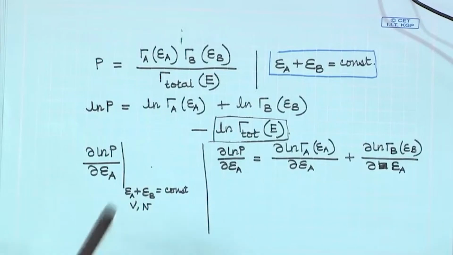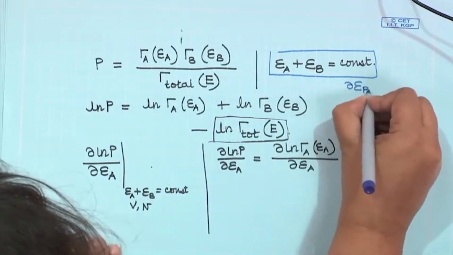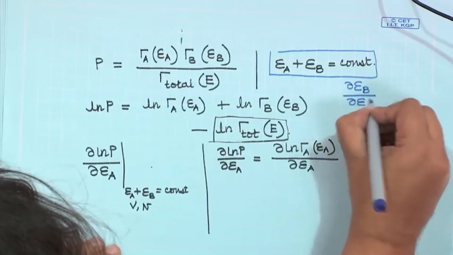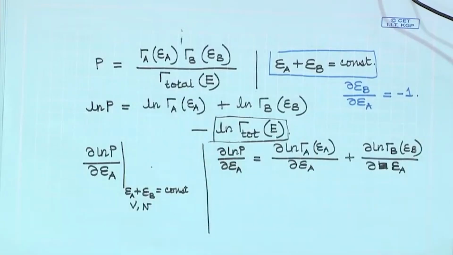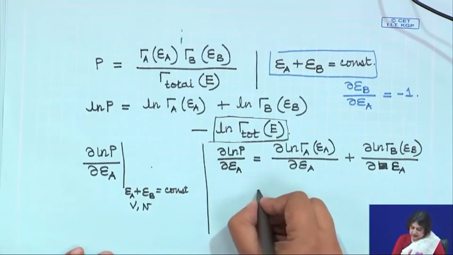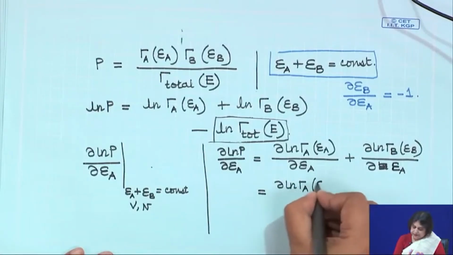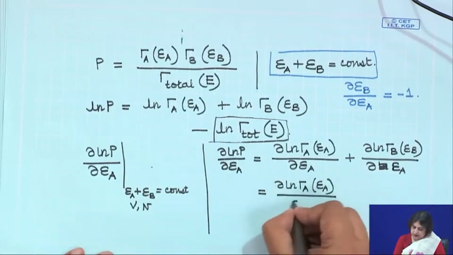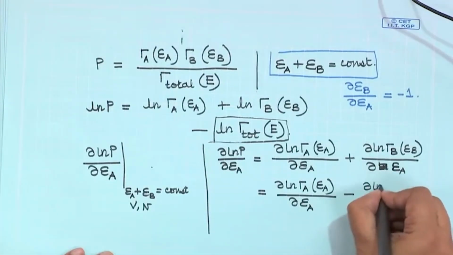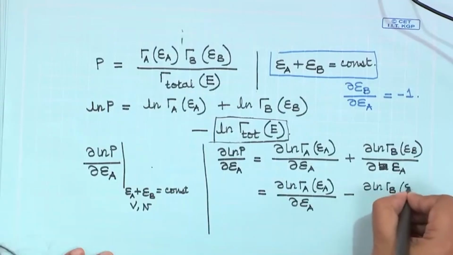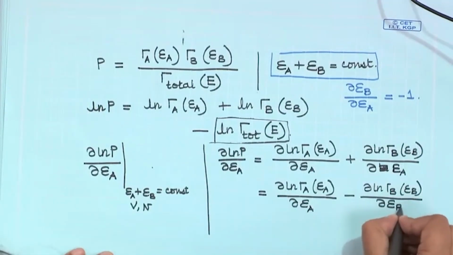Therefore, I can very easily write down that the derivative of epsilon B with respect to epsilon A is equal to -1, right. And therefore, this expression now turns out to be the derivative of ln gamma A with respect to epsilon A minus the derivative of ln gamma B, which is a function of epsilon B, with respect to epsilon B.